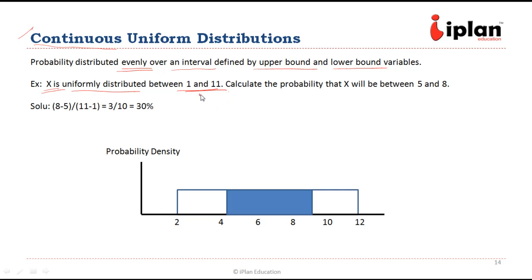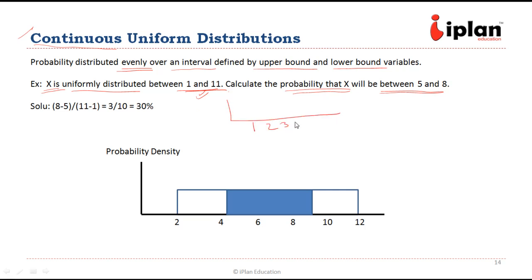So based on this information, which is the continuous uniform distribution function, we can calculate the probability for any other interval basically. So in this case, we want to calculate the probability of x between 5 and 8. So we clearly know that x is distributed between 1 and 11 uniformly.